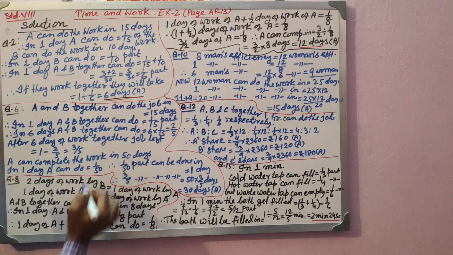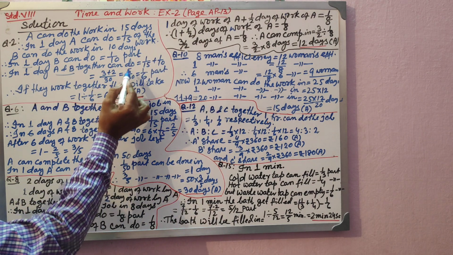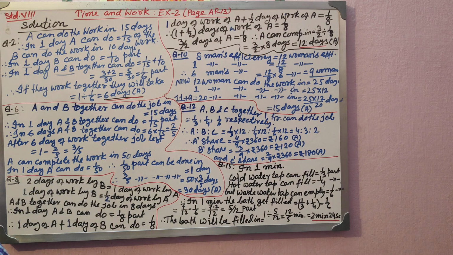If you do the fraction addition, 30 will be the LCM, so it becomes 2 plus 3, that is 5 by 30. 5 by 30, if you simplify, becomes 1 by 6. So 1 by 6 of the work can be done in 1 day by both of them working together.